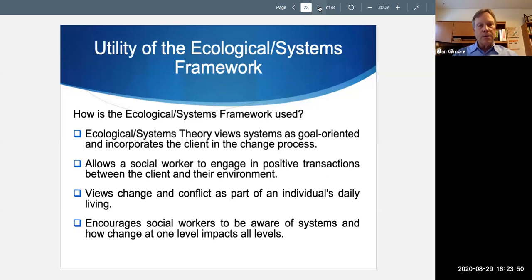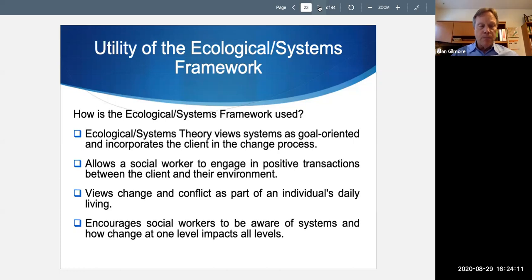The ecological systems framework allows a social worker to engage in positive transactions between a client and their environment. The more you know about the environments that the client is operating within and the challenges that that client has, the more likely you're going to be able to be effective with them.